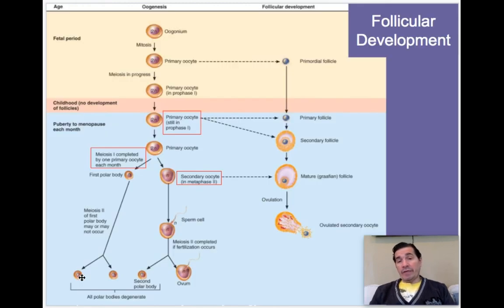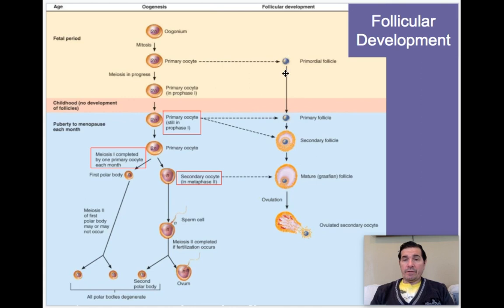So, here's another way of examining the oocyte. Notice on the left, we actually have the development. So we get one, two, three polar bodies, and we get the ovum, and that becomes the new individual.